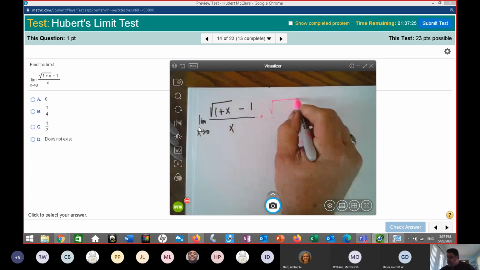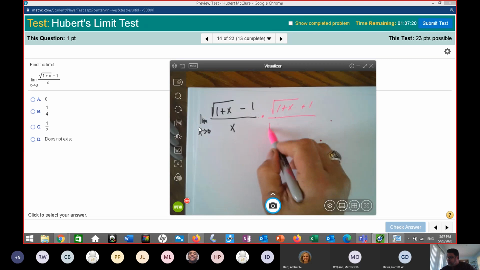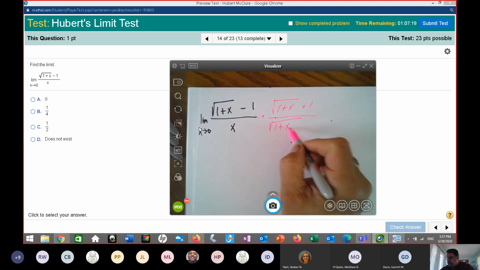Square root of 1 plus x plus 1 over the square root of 1 plus x plus 1.